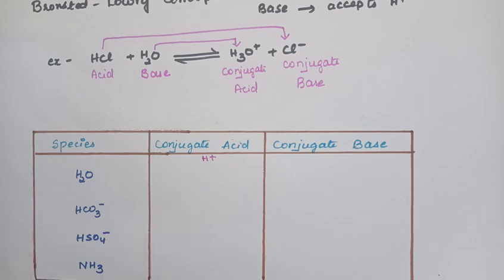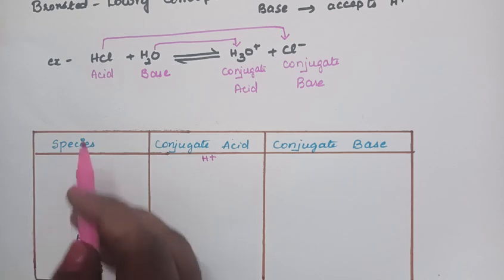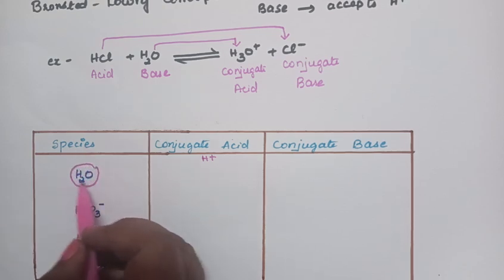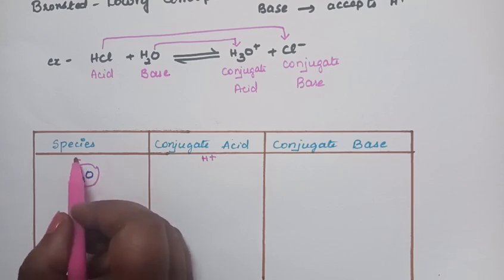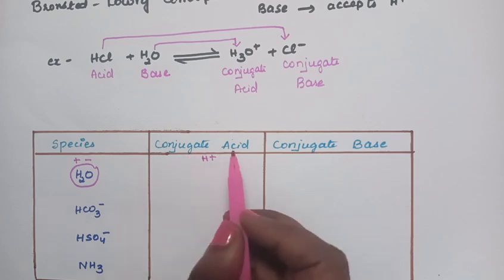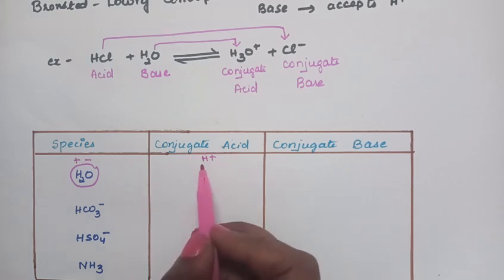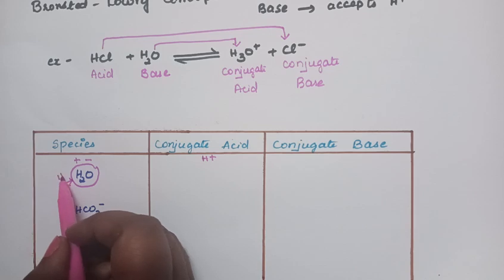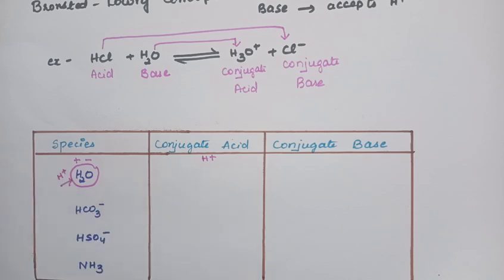For example, here they have given water. The water molecule is neutral in nature, so it will have a plus sign as well as a minus sign. Conjugate acid means you should add H plus. To this you add H plus. What will you get?